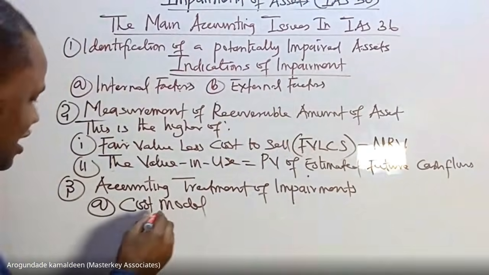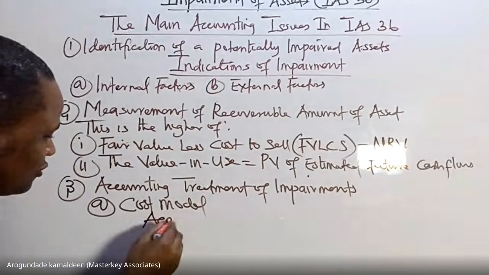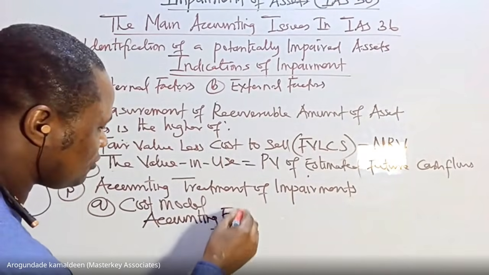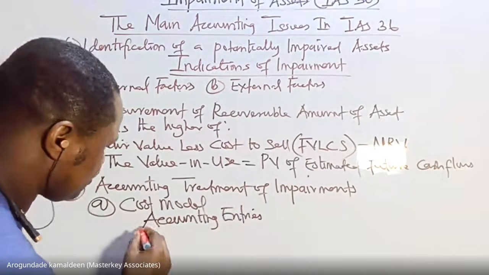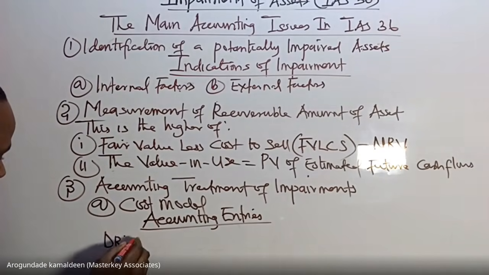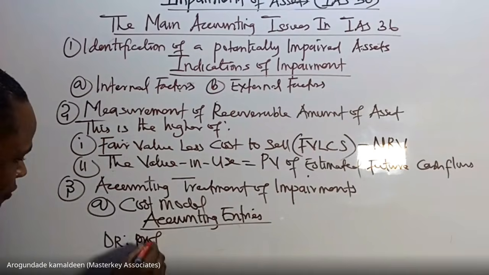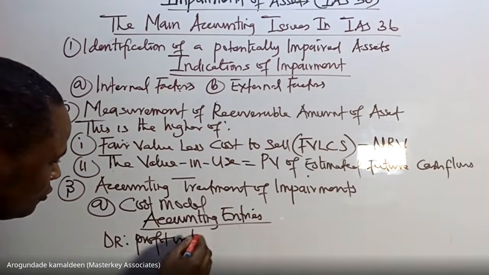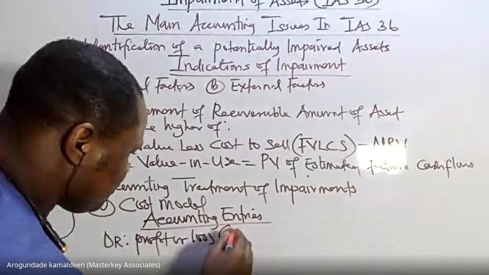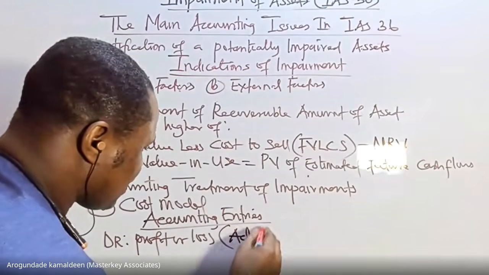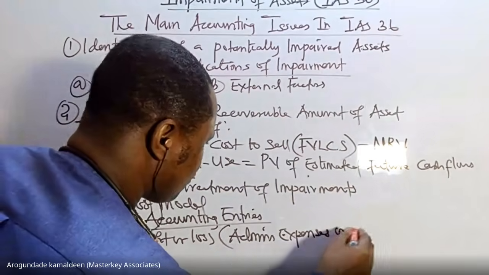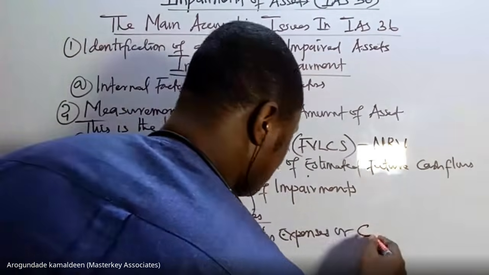So this is the accounting entries. Debit the profit or loss. This could be admin expense. You may either add to the admin expense or to the cost of sales.